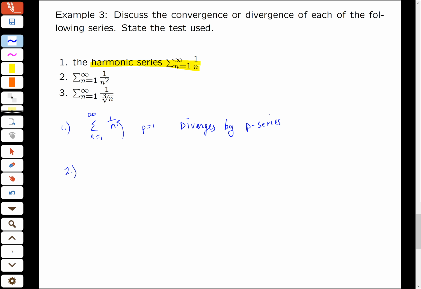Let's look at the second one. P equals 2, converges by p series. Let's look at the third one.